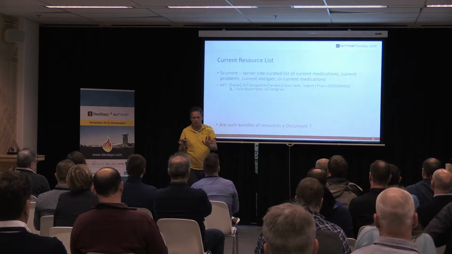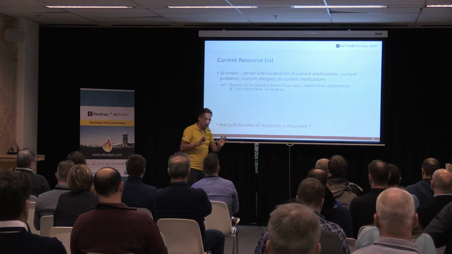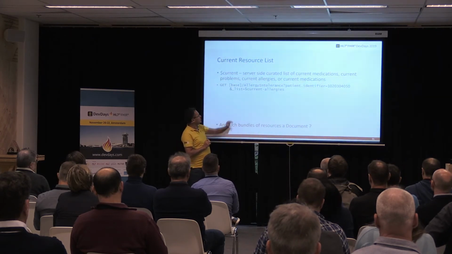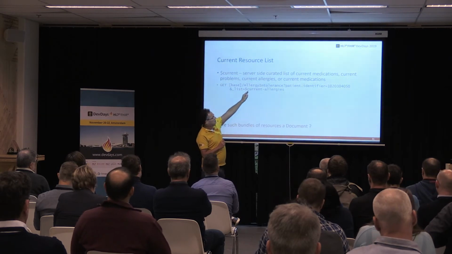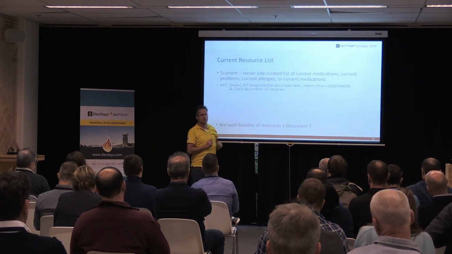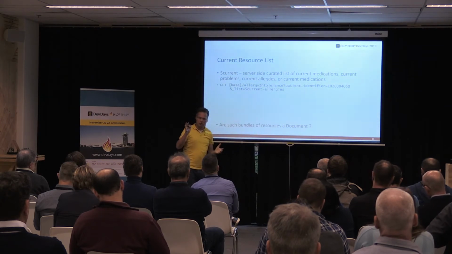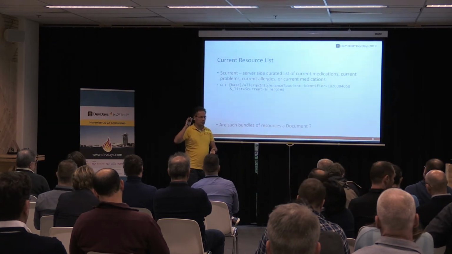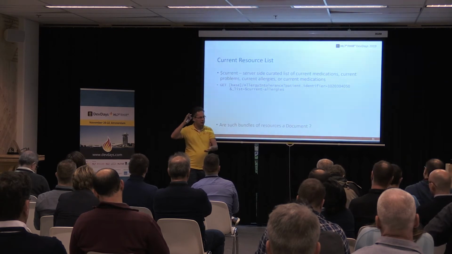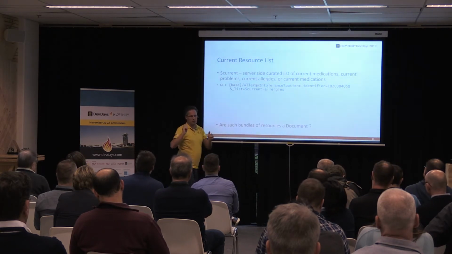It's not to say all servers do this, but FHIR supports the handling of it. So then you return a bundle that contains all of the allergy intolerances for that particular patient. Is that bundle, which contains a list of active allergy intolerances, a document in the sense of XDS? Well, it's a snapshot, it's the information I have at a particular point in time. So yeah, could be.